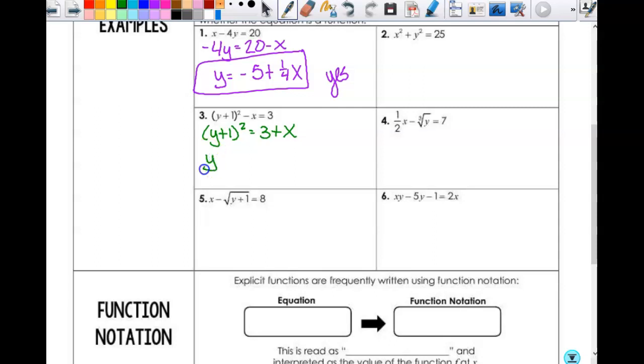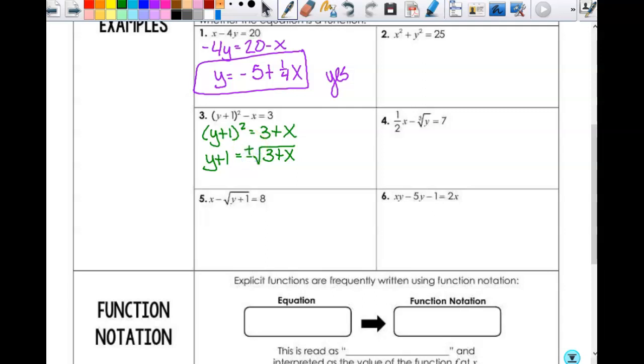So this is going to be y plus 1 equals the square root of 3 plus x. I'm not finished solving for y, but tell me what I'm missing. Plus or minus. And that will be a huge downfall for some of you. Some people will miss that every single time. Don't be that person. If you introduce the square root, you absolutely positively have to put in plus or minus.